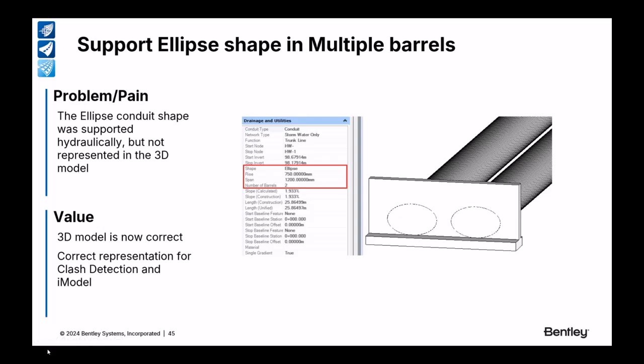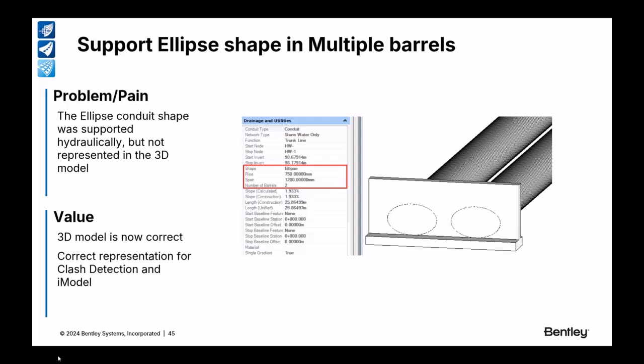So multi-barrel conduits, as many of you may know, we added support in the physical model for multiple barrels. So if you had a culvert which was using a circular conduit or a box section conduit, the graphics correctly showed those shapes of conduit with multiple barrels.